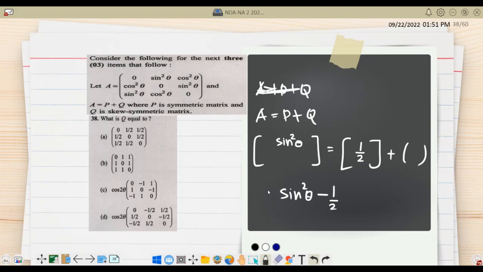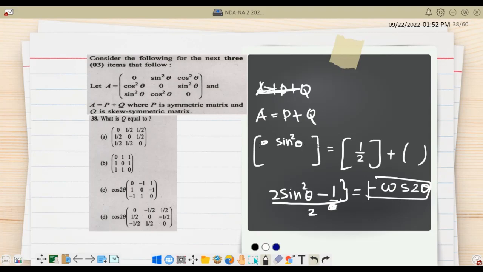So we can take this 2 sine square theta minus 1. This value can be written as minus cos 2 theta. So minus cos 2 theta by 2.